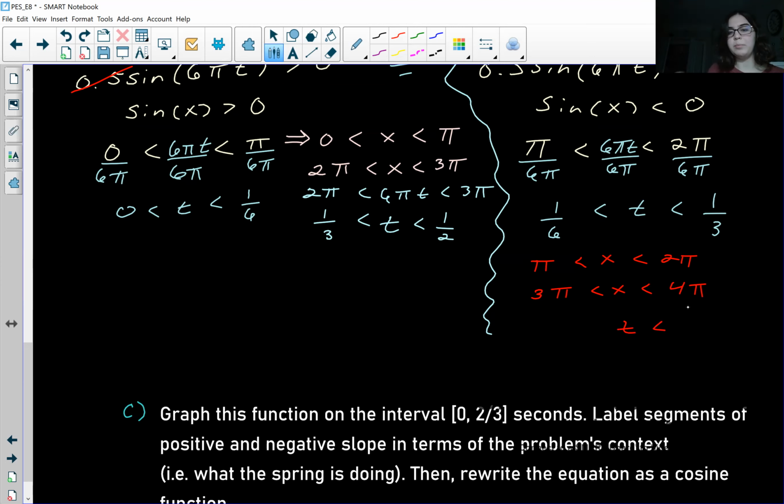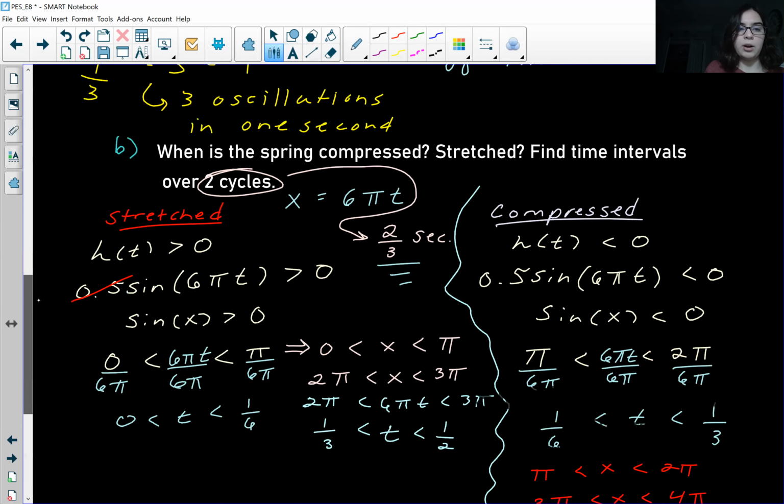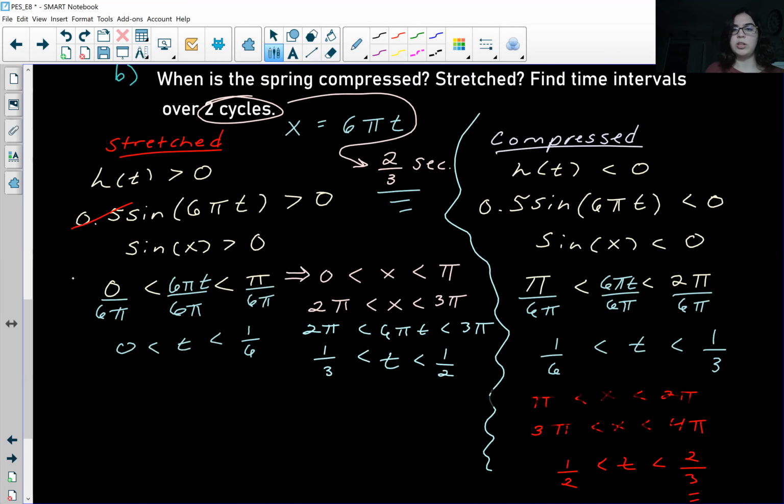You would plug t in and then divide everything by 6 pi, and you're going to be left with t being between 1/2 and 2/3, which is what we're looking for. So now we have all the intervals between 0 and 2/3 where the spring is stretched and compressed. Okay, that took a while, so we'll do part C in another video.